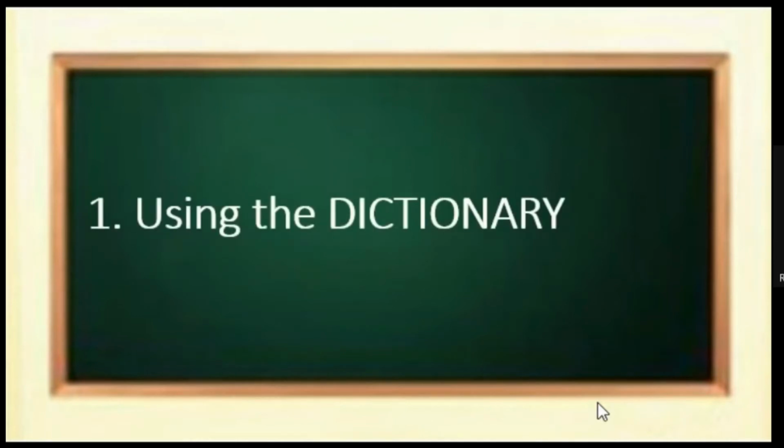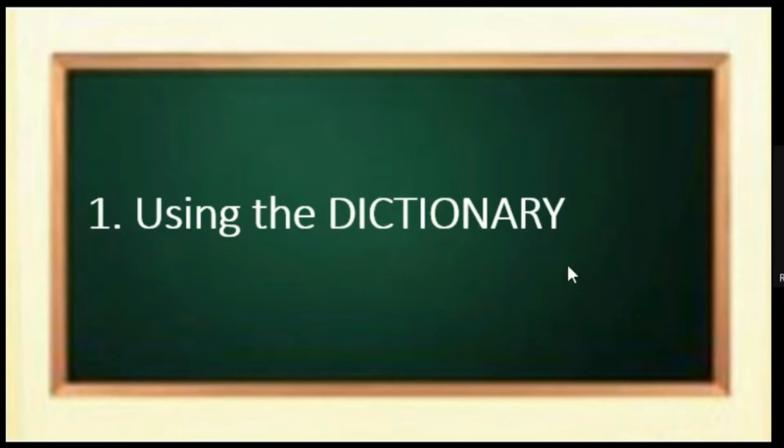This is a must for students because we really encounter a lot of difficult or unfamiliar words, and the only way to find out their meaning and to be familiar with them is to use the dictionary. So again, we're talking about using the dictionary.